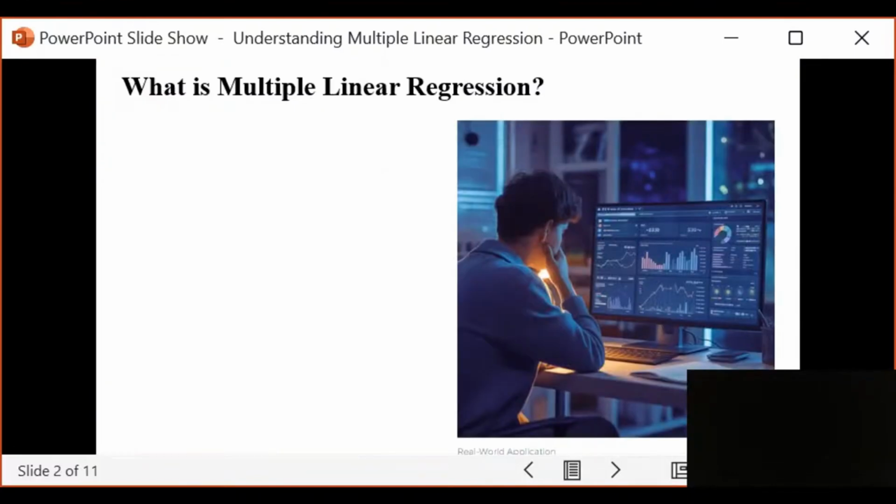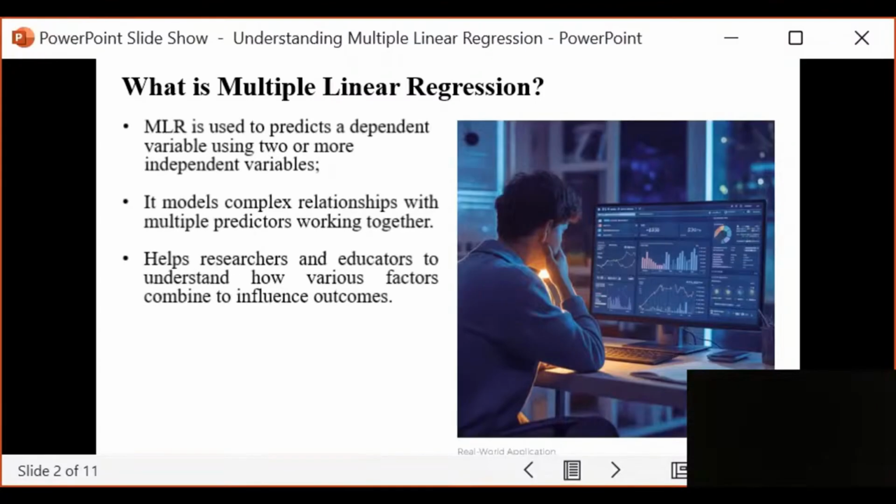Now, let's begin by understanding what multiple linear regression, or MLR, really is. Multiple linear regression is a statistical method used to predict the value of a dependent variable based on two or more independent variables. In other words, instead of looking at one predictor at a time, MLR allows us to see how several factors work together to explain an outcome.